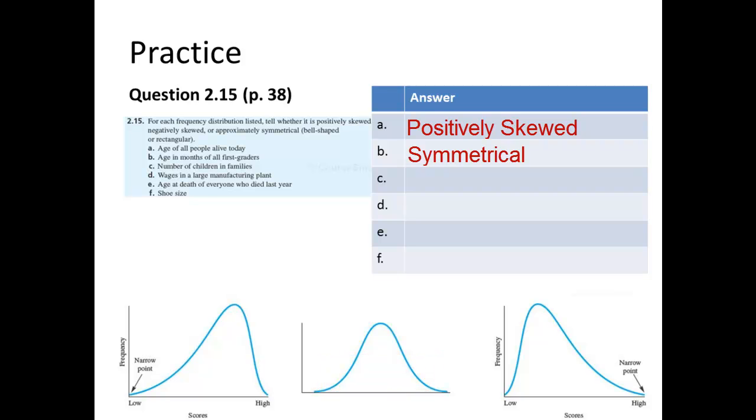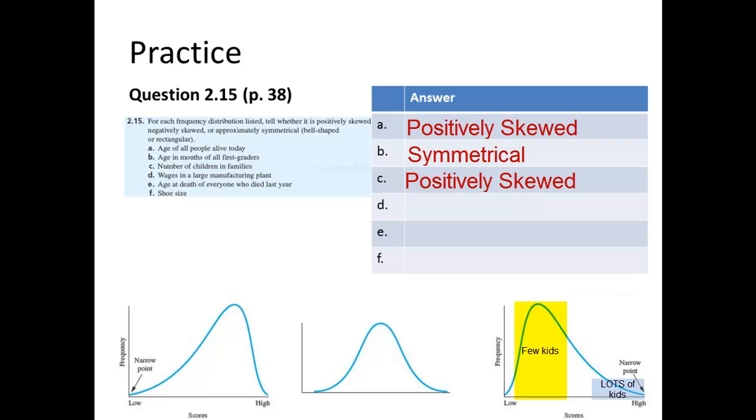C. The number of children in families is another example of a positive skew. Most families will have lower numbers of children. Of course, there are always a few families that buck the norm. For example, have you seen that reality TV show on the Learning Channel, 19 Kids and Counting? I mean, really?